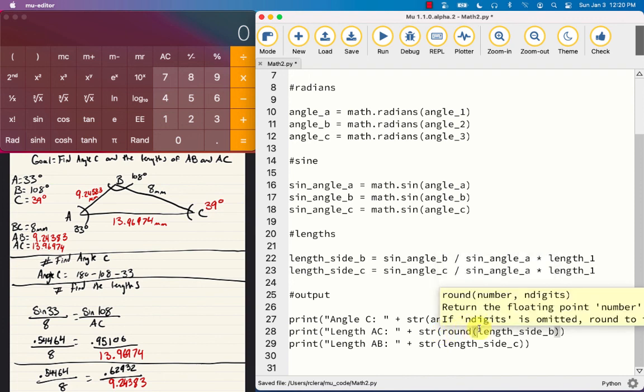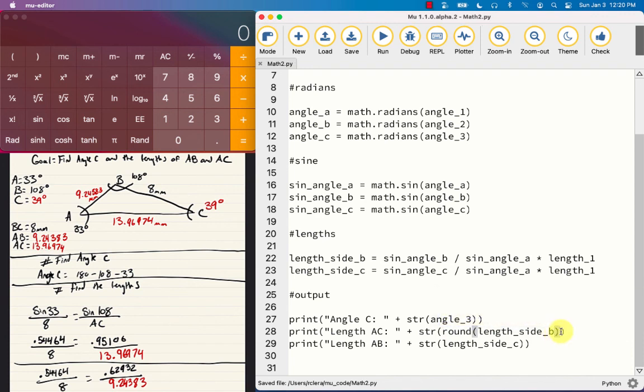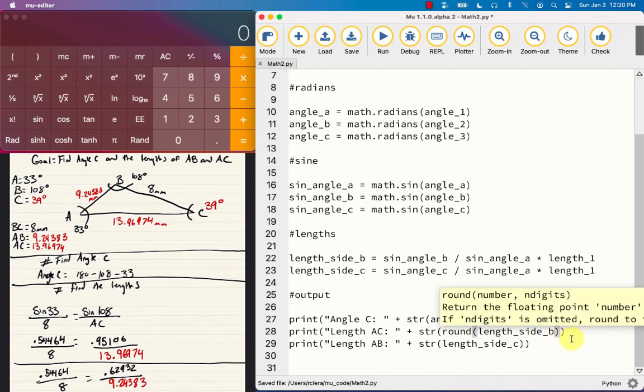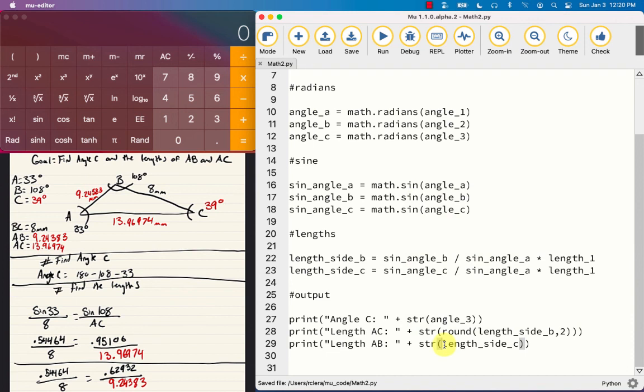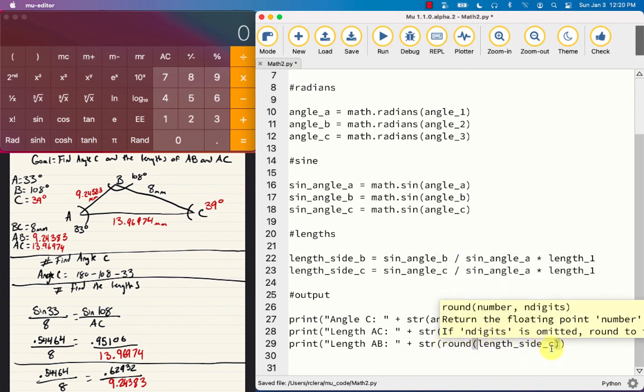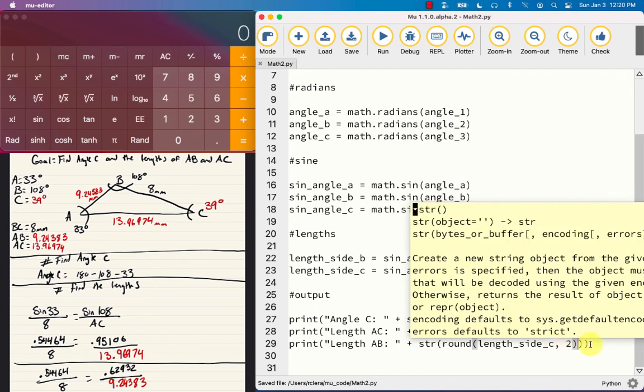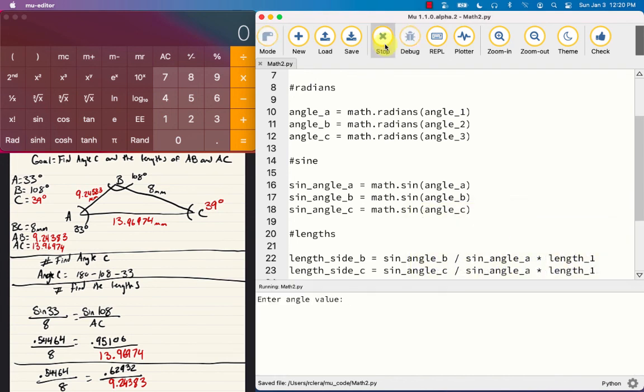So round, and it's going to ask for two parameters, the number and then the number of digits. So that's our number, comma, number of digits. Let's just do 2. Close parentheses. We'll do the same thing here. Round, open parentheses. Length side C is the number, comma, to put in our next parameter, which is 2 digits. Close parentheses. Let's run it again.